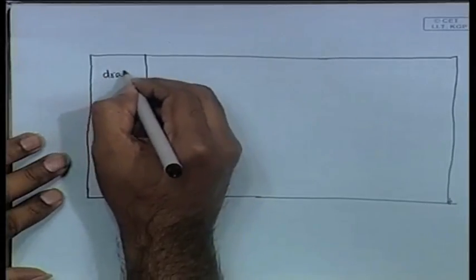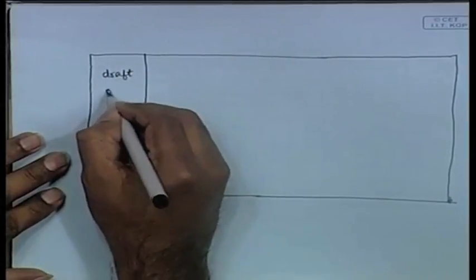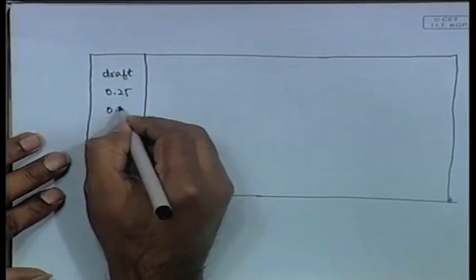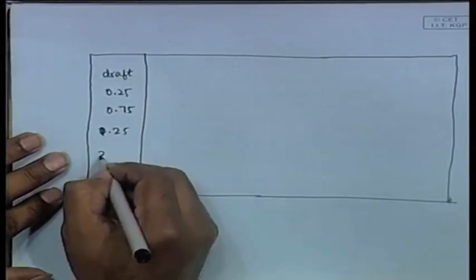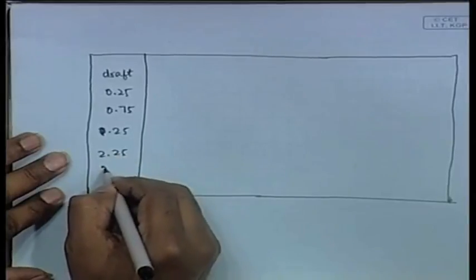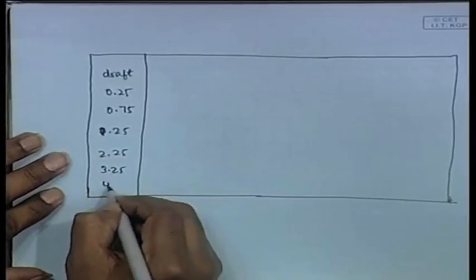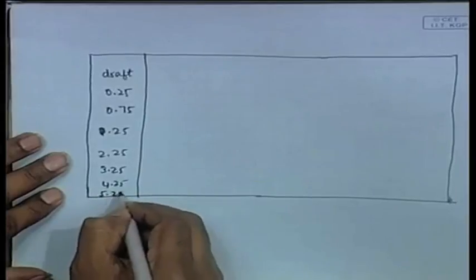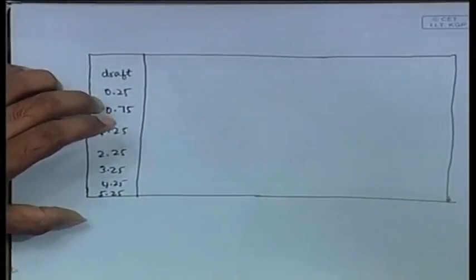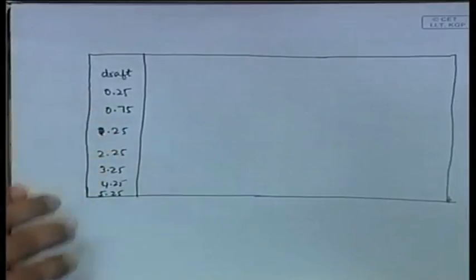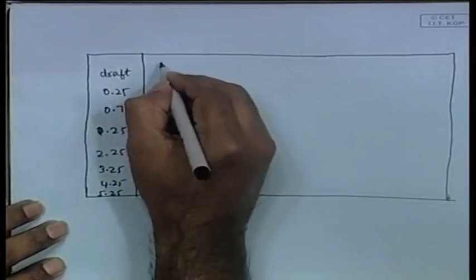That is, you have the draft. I'll write the values also: 0.25, 0.75, 1.25, 4.25 and 5.25. So these are different drafts, and at each of these different drafts you are given the half area. So we'll write the half area.